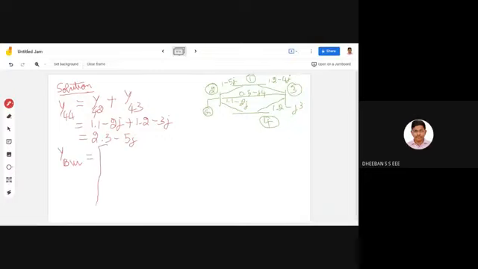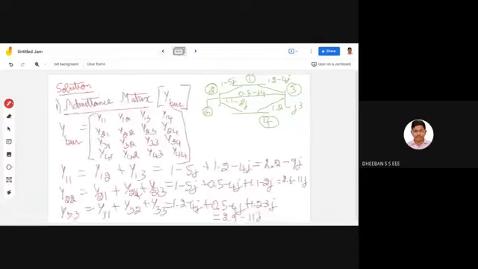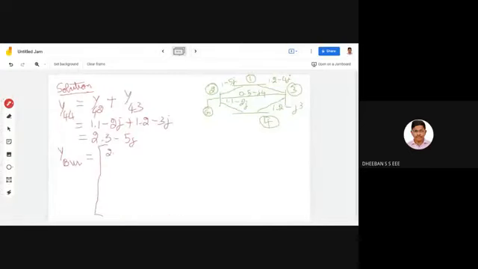So what is the value of your Y11? It is 2.2 minus 9j. And for your Y12, it is 1 minus 5j. Okay, so you have to just negate it, that is, make it negative. So this becomes minus 1 plus 5j.